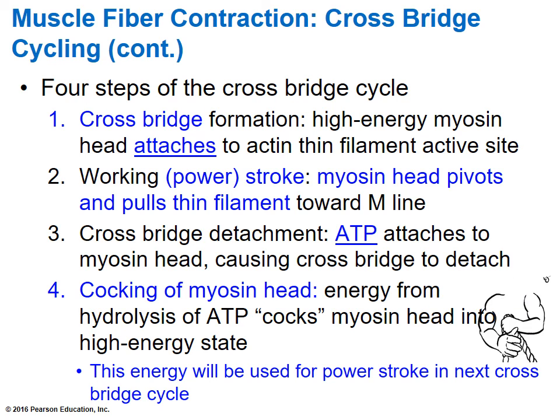We will have a detachment of the cross bridge, which allows the myosin head once again to break that physical contact and move over to a secondary active site. And the cocking of the head will allow it to reach over to that secondary site that it's aiming for.